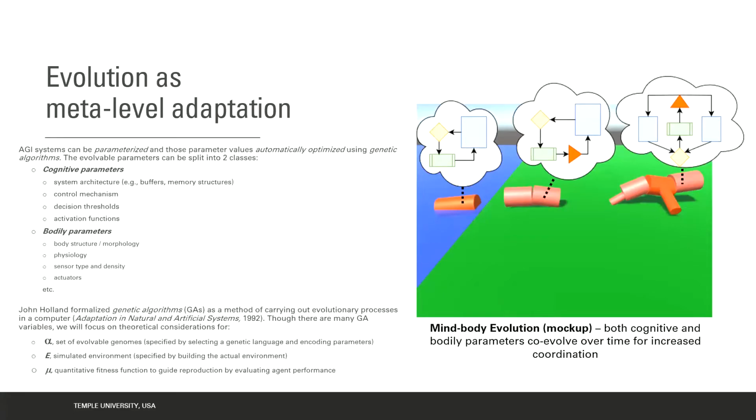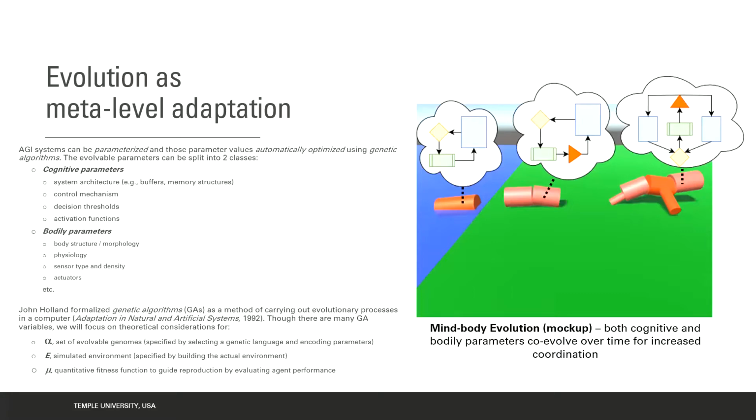So looking at evolution as meta-level adaptation, as opposed to object-level adaptation, which we would consider learning, on the meta level, an AGI system can be parameterized in a certain way, and then those parameter values can be automatically optimized using genetic algorithms.